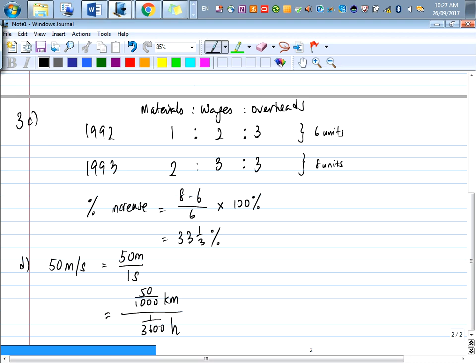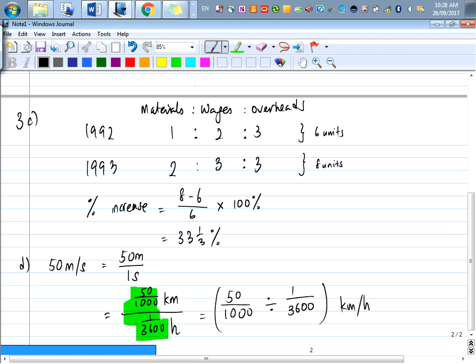Now my units are correct, kilometers per hour. I only need to evaluate this part. So a fraction divided by another fraction. Not very difficult. This will be 50 divided by 1000, then this is divided by 1 over 3600. And my units will be now in kilometers per hour already.